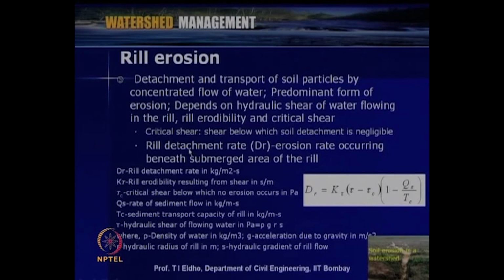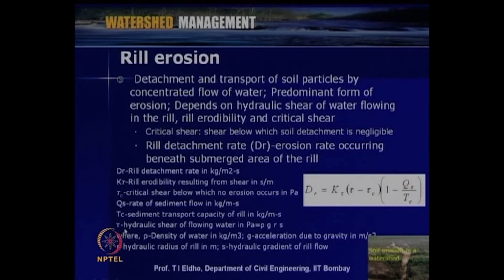Then the rill detachment rate Dr is defined as the erosion rate occurring beneath the submerged area of the rill, as shown here. An expression as reported by Rajveer Singh is Dr is equal to K tau, tau minus tau c, into 1 minus qs by Tc, where Dr is the rill detachment rate, K tau is the rill erodibility resulting from shear, tau c is the critical shear below which no erosion occurs, qs is the rate of sediment flow, and Tc is the sediment transport capacity of the rill.